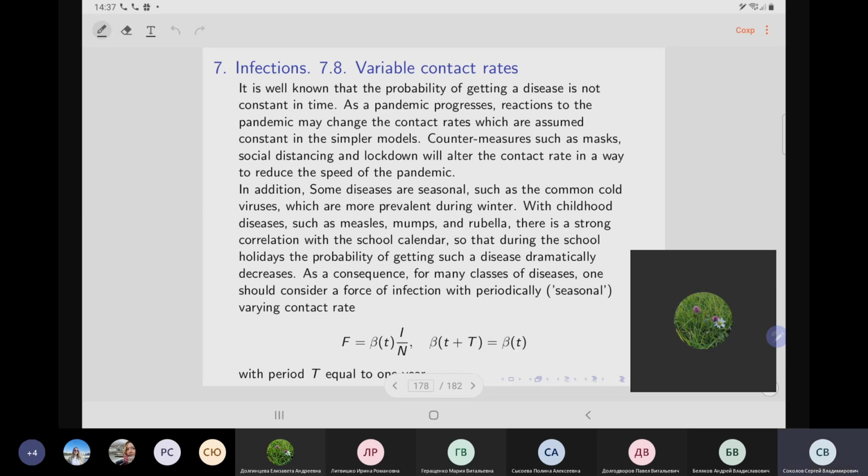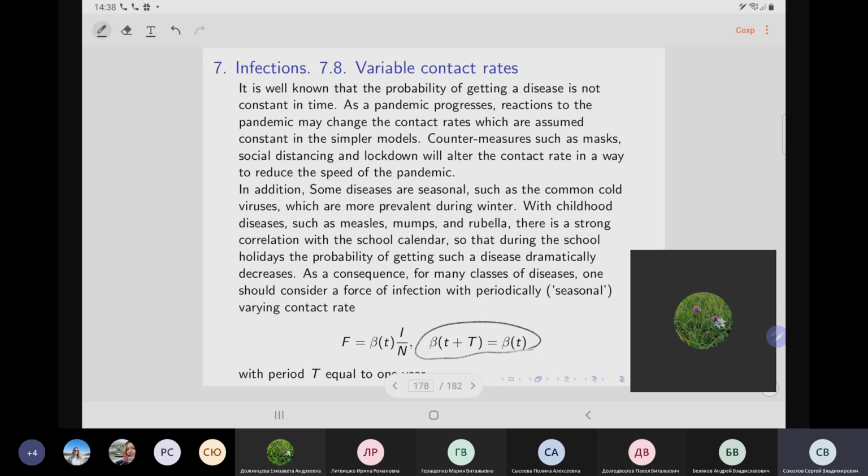Next one. What more complication can we add? There are a lot of diseases that depend on some seasonal coefficient. We know that flu, for example, is seasonal, and it is usual in autumn and in the beginning of the winter to see the epidemic of the flu.